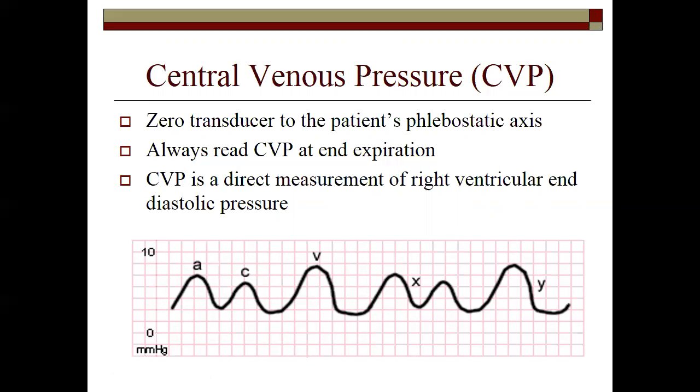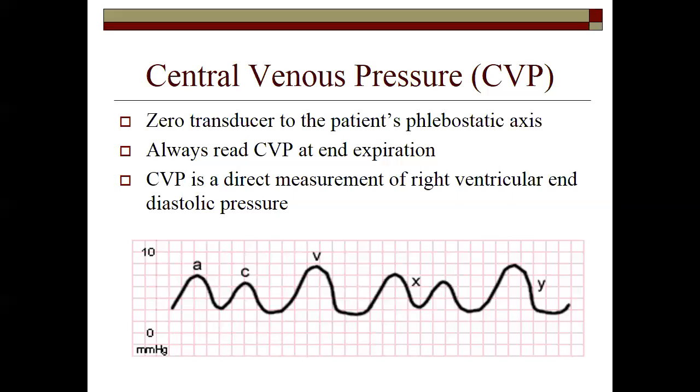If we always read it at the end of expiration, then we're looking at the unassisted central venous pressure. If the patient were to breathe in, we're increasing the pressure on that vasculature. So yeah, you're right on point there.